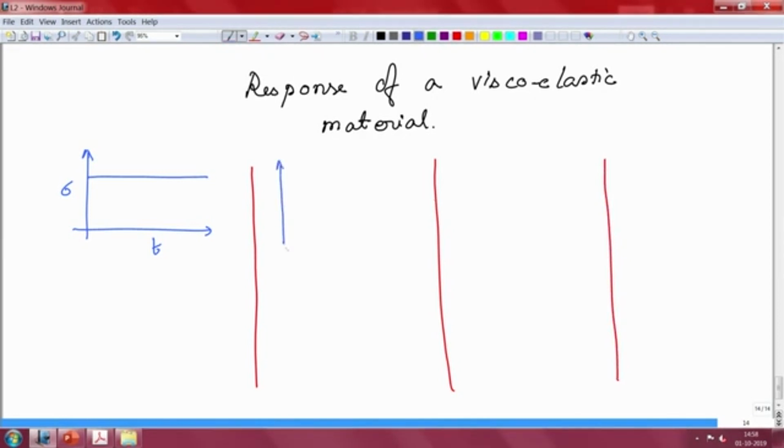So, when you are measuring the material response for your classical elastic solid, what you found is that when you gave a sigma naught, you registered a value of strain. In this case, for a classical fluid, this kept on increasing.